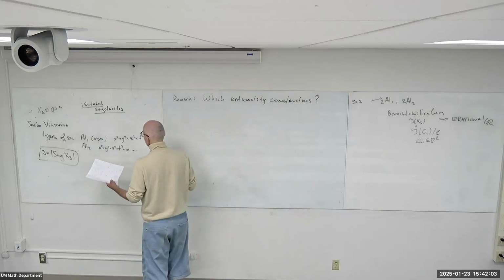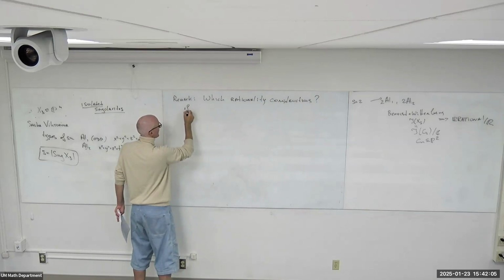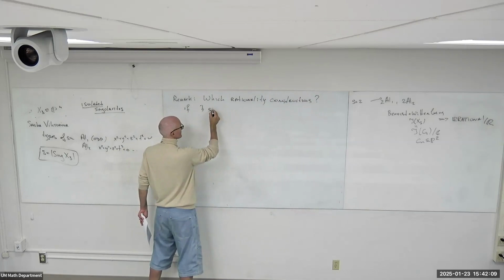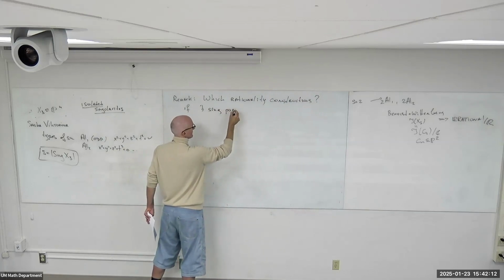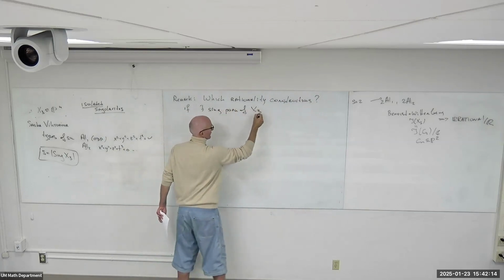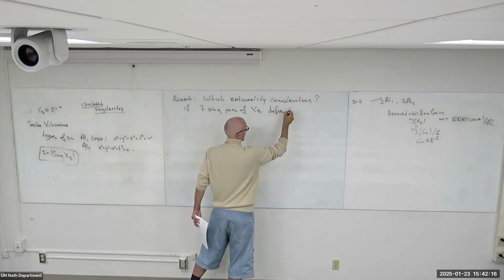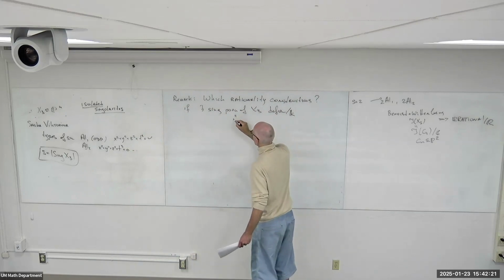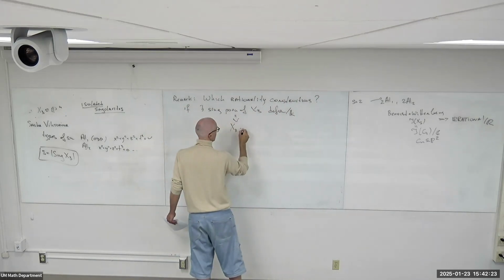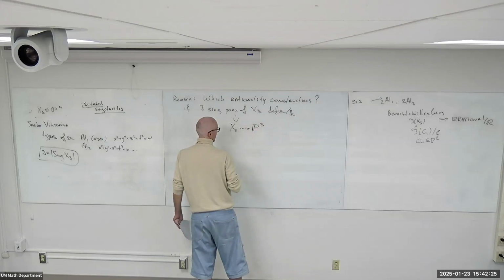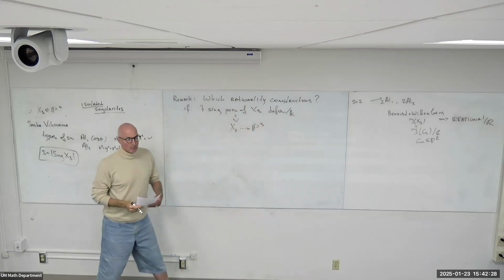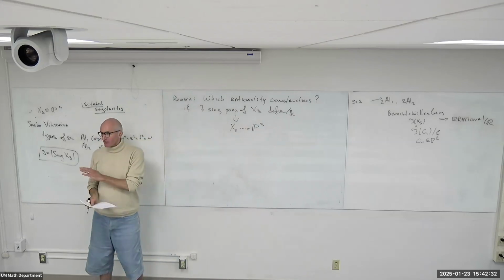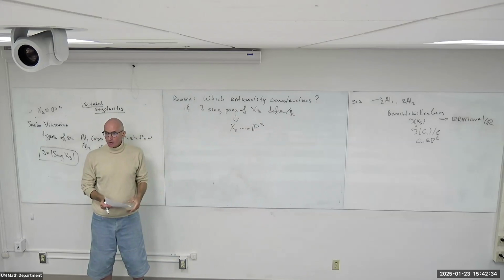One, which we're not going to use because it's obvious: if there exists a singular point defined over the base field of a cubic defined over K, in our case R, then of course it's rational. You can project from the point and get a birational map. So because of this, we assume in our case that we don't have a real singular point.